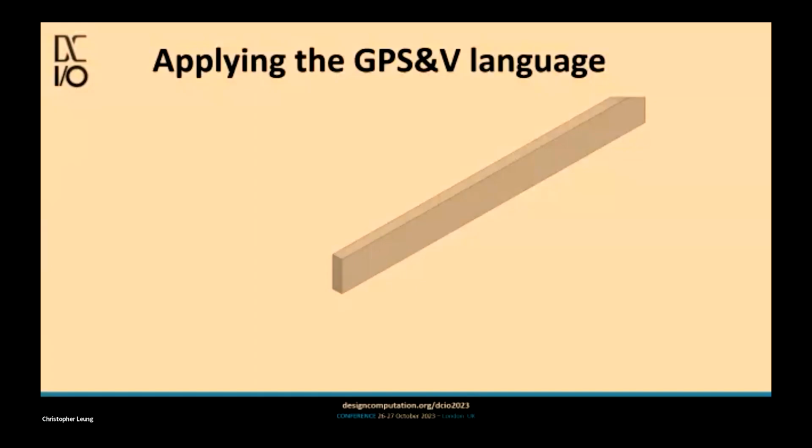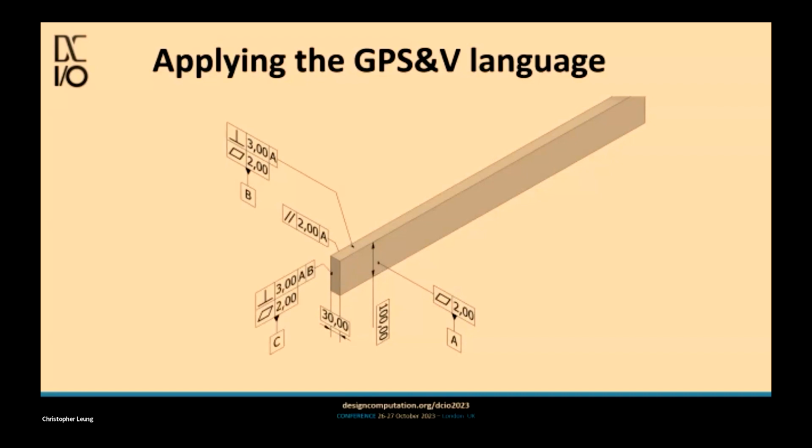And these have been standardized in ISO 16792. And essentially you're applying a language onto that otherwise nominal, mathematically perfect and geometrically perfect form. And this can be done in terms of datums and flatness, in terms of theoretically exact dimensions, in terms of perpendicularity, in terms of a datum system and other measurements, in terms of parallelism.